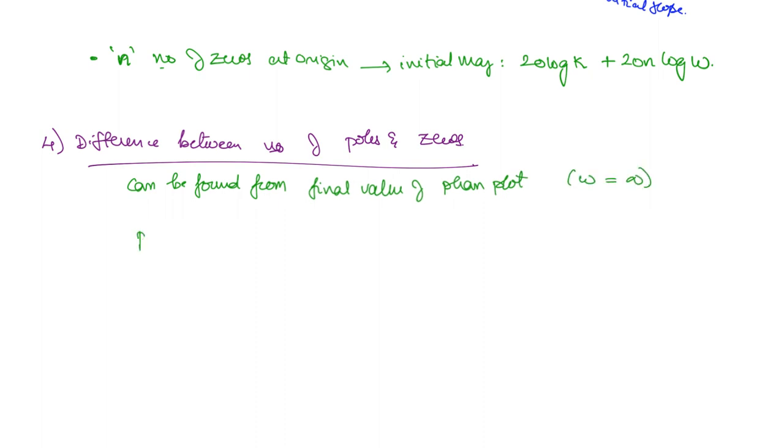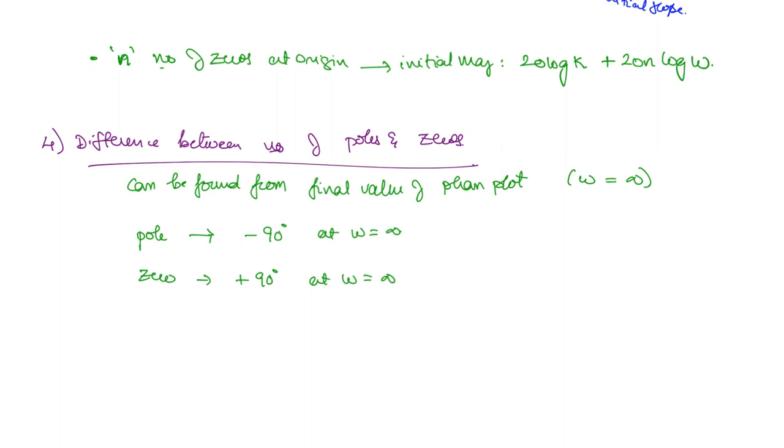We know that a pole will contribute an angle of minus 90 degrees at infinite frequency. And a zero will contribute plus 90 degrees at infinite frequency.